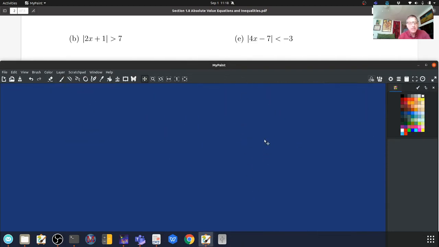So in this case, this is 2b, the absolute value of 2x plus 1 is stated to be greater than 7. So that means 2x plus 1 is greater than 7, or 2x plus 1 is less than minus 7.